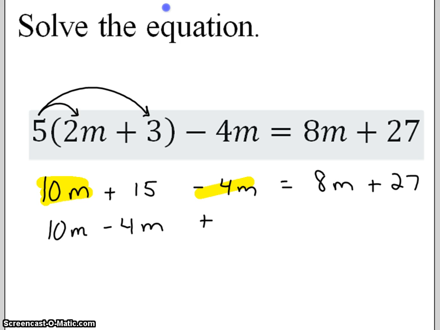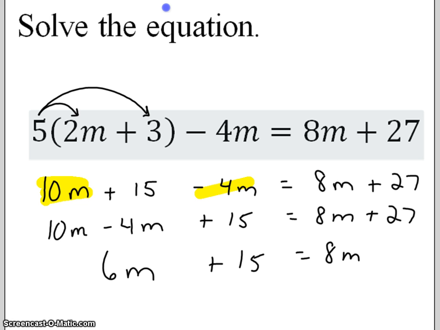I'm just going to group them together, kind of move things around, which you can do as long as you bring the sign with the term. Notice the negative 4m stayed negative 4m when I moved it. Now look, 10m minus 4m, that's 6m. Bring down the plus 15 equals 8m plus 27.